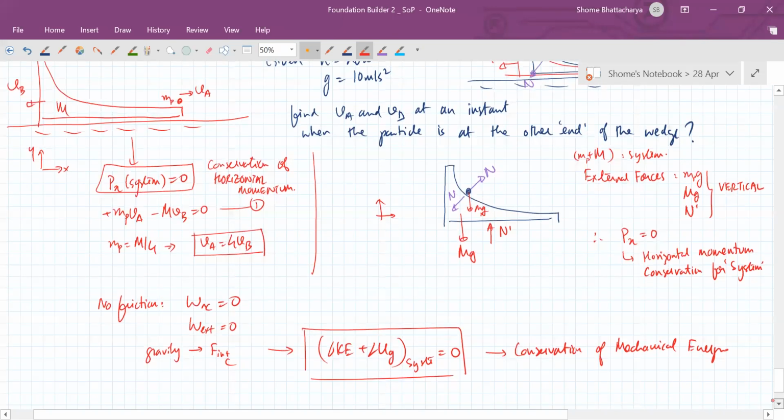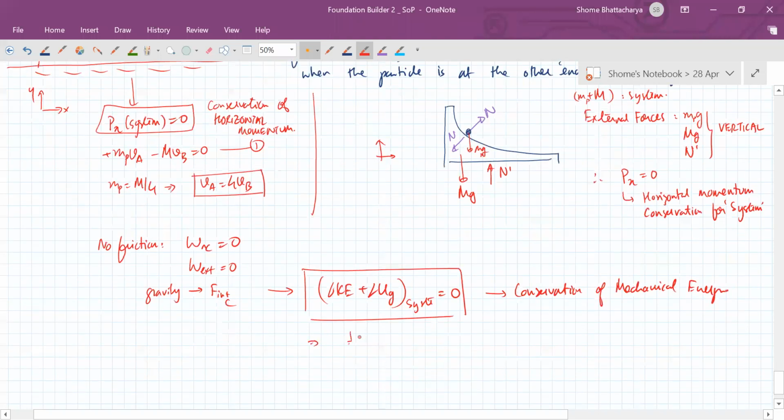So conservation of mechanical energy will tell us that half m into VA square for the particle plus half capital M into VB square for the wedge minus mgh, because the particle is dropping through a height of h, should be 0. Now substitute the mass of the wedge as 4 times the mass of the particle, and substitute VB as VA by 4.